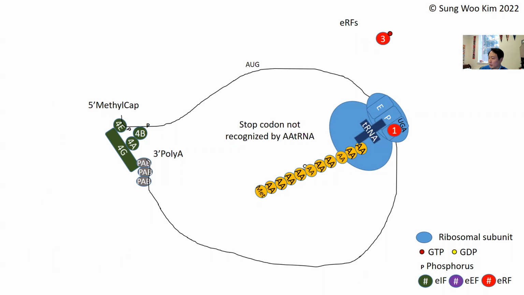So release factor 1 will recognize this empty A site because of UGA, and will sit on that site because there's no tRNA coming. And then release factor 3 with GTP will bind to release factor 1 to stabilize it. And then release factor 1 will cause hydrolysis of the bond between the amino acid and the tRNA on the P site.